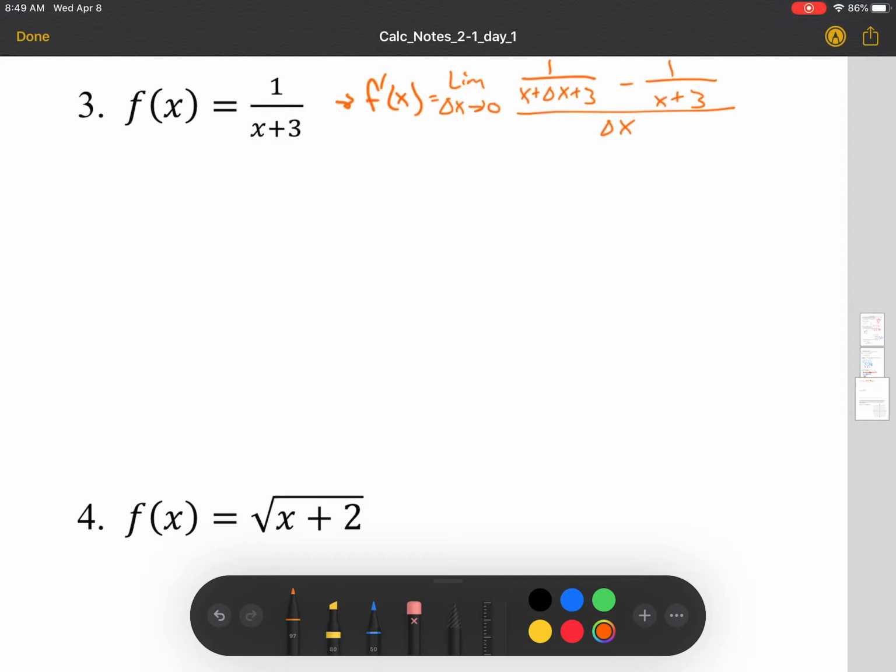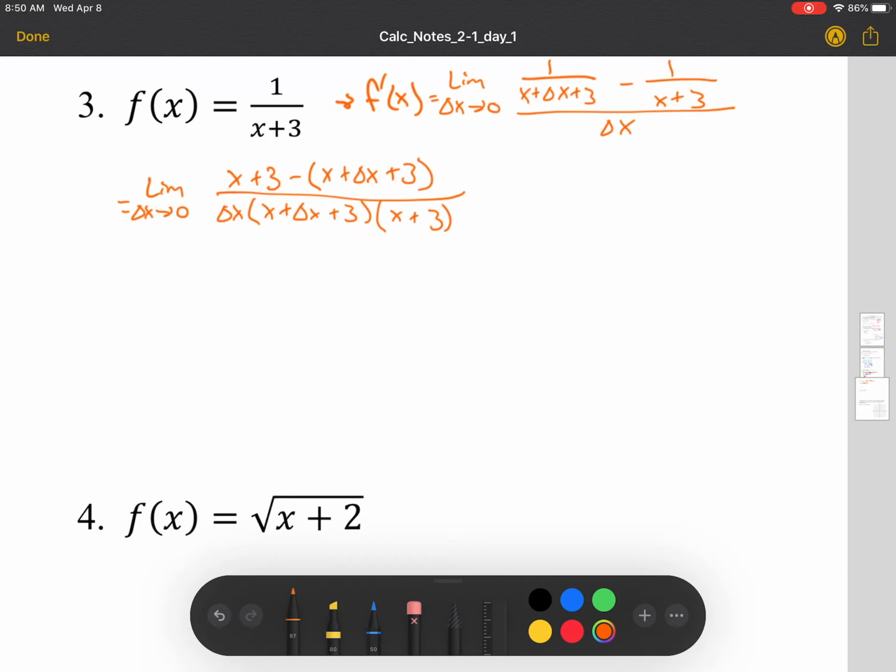The nice thing is, if you simplify this, you flip it, you expand it, you're going to get something that looks like this. It's going to equal the limit of delta x going to 0 of x plus 3, let's make it clean, minus x plus delta x plus 3, all over delta x plus delta x plus 3, x plus 3.